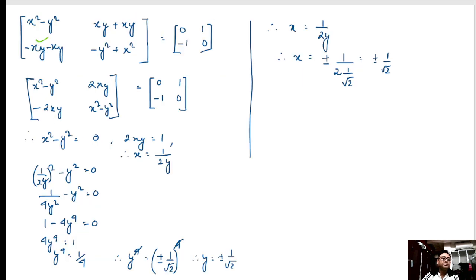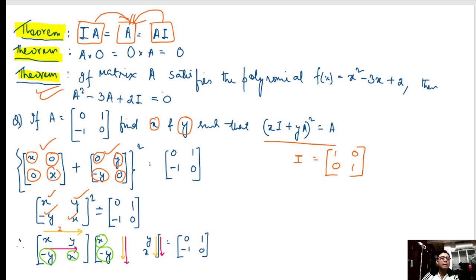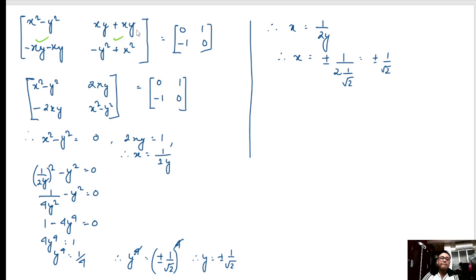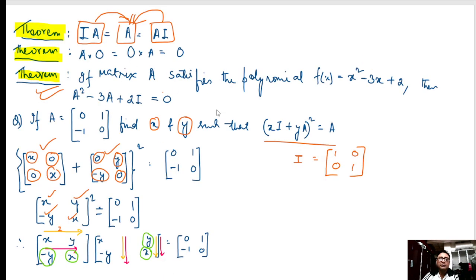And similarly, okay, so now what we will do is minus y into x minus y into y plus x into x. Okay, and we will get this result. Clear? Which is equal to 0 minus 1. It was given already, it is 0 minus 1, minus 1 comma 0.